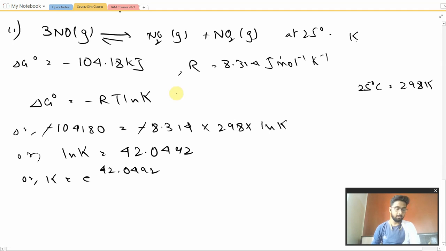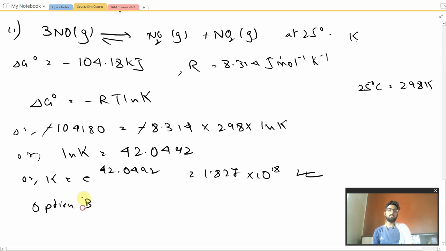This comes to be 1.826827 into 10 to the power 80. This is the value for the equilibrium constant. Now in the options, you can see that one option is 1.8 into 10 to the power 80, which obviously matches with our deduced answer. So option B would be the correct option.